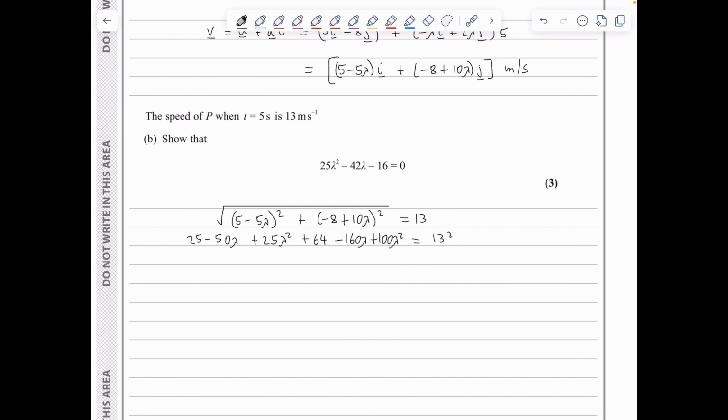We've got 125λ² + 89 − 210λ being equal to 169, and all of this leads to 125λ² − 210λ − 80 = 0. The next thing to do is divide everything by 5, and I get 25λ² − 42λ − 16 = 0 as required.